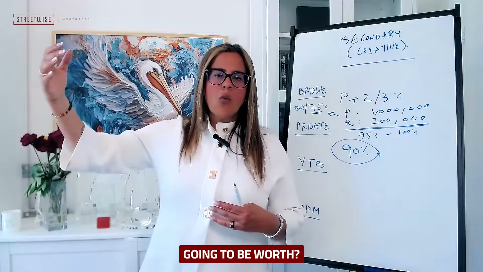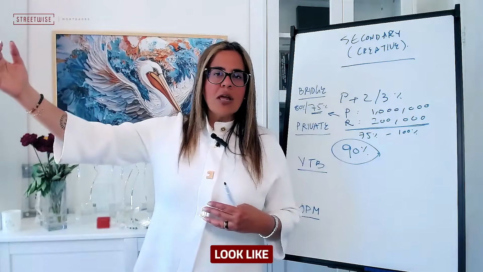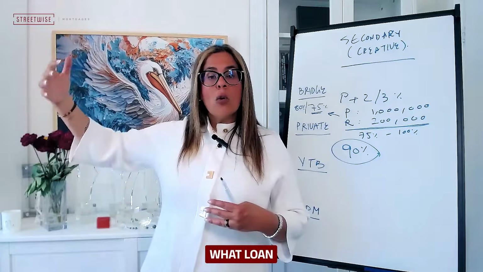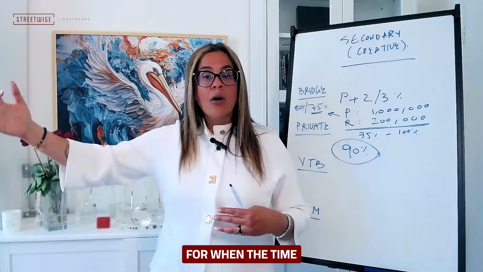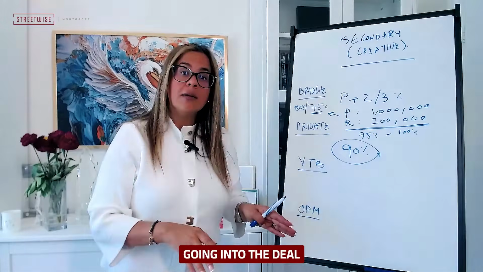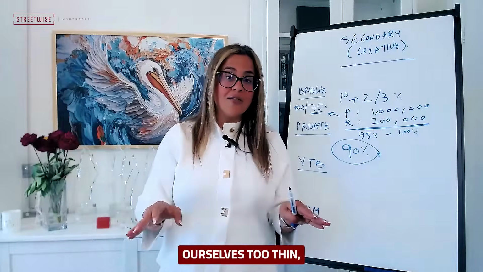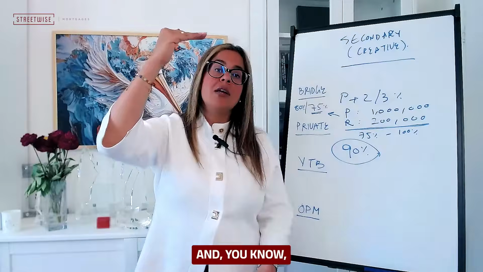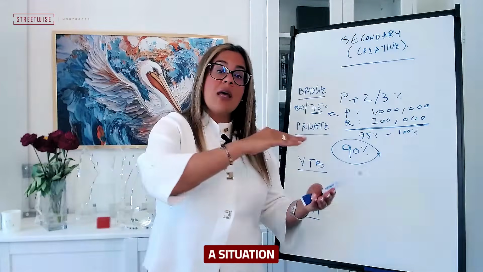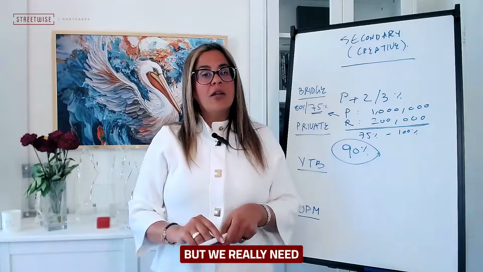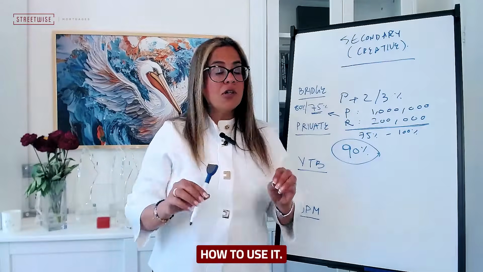What is it going to be worth? What does the income and expense look like for the future? And let's run the debt coverage and see what loan amount that building will qualify for when the time comes. This way, we make sure going into the deal that we're not stretching ourselves too thin. We're not taking private money in a situation where we cannot pay it off later. So great creative strategy, but you really need to know how to use it.